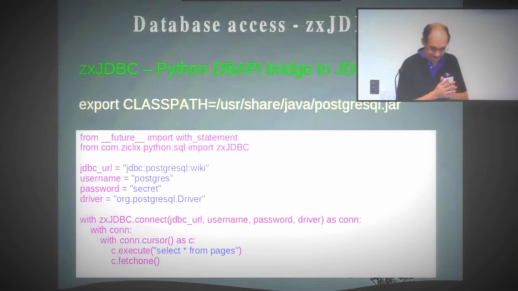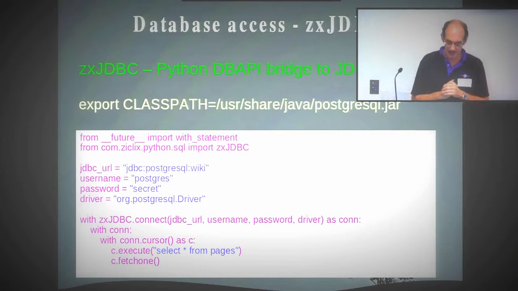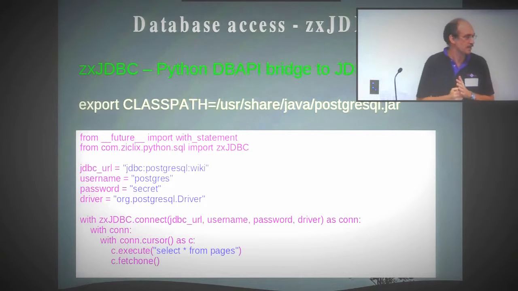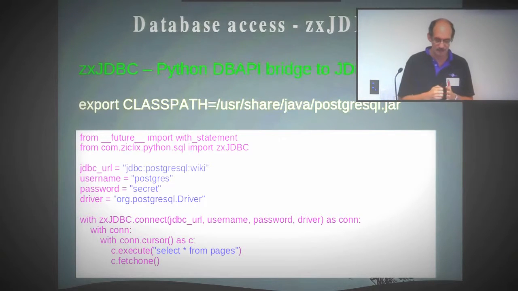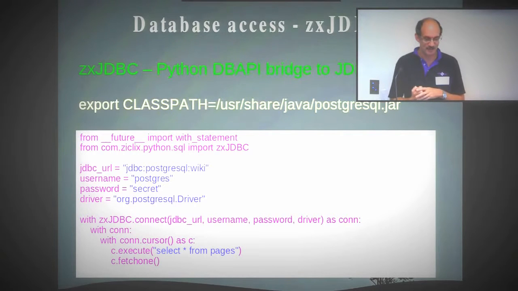Database access. If you're in Python, you use the DB API. I think it's probably been around for about 7 years. Somebody wrote an adapter that basically wraps JDBC and makes it look like the Python DB API version 2.